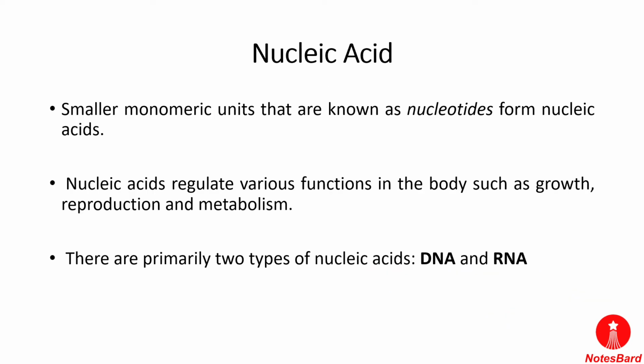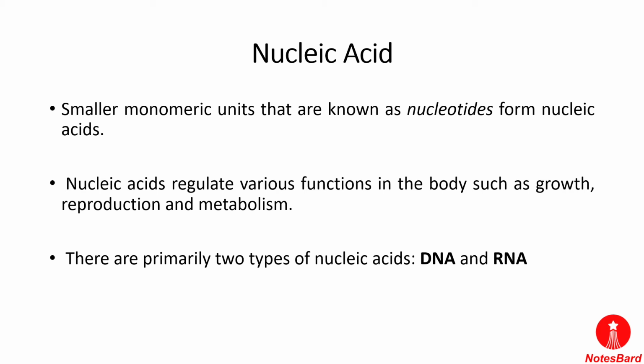Next we will talk about the nucleic acid. The smaller monomeric units are known as nucleotides, which form the nucleic acid. Nucleic acid regulates various functions in the body, including growth, reproduction, and metabolism. These form the genes of an individual that are responsible for heredity.